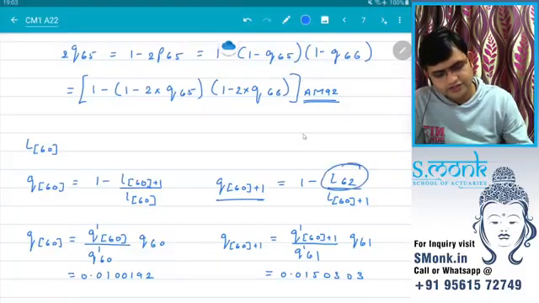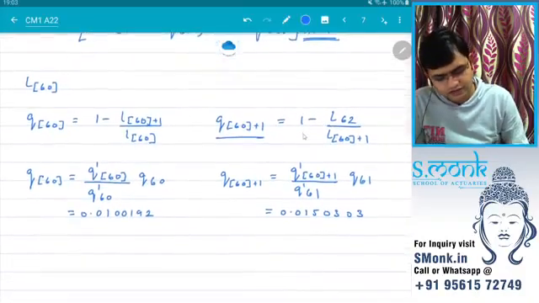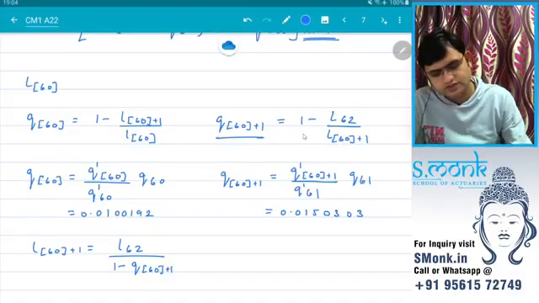We know L62, this will come from ELT15 male, so I'll say L select 60 plus 1 will be equal to L62 by 1 minus Q select 60 plus 1.